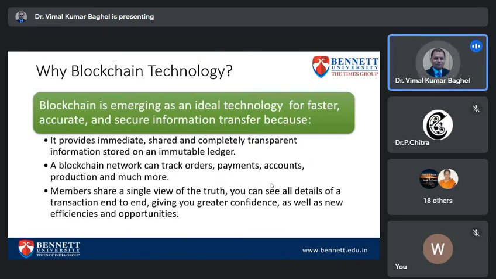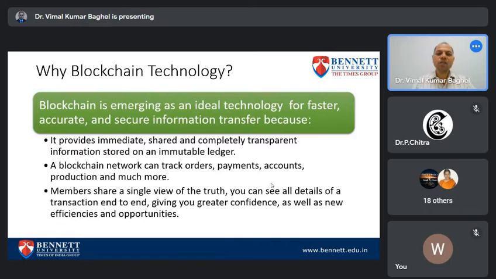Now let us understand why blockchain technology is important. Blockchain is emerging as an ideal technology for faster, accurate, and secure information transfer. Why? Because it provides immediate, shared, and completely transparent information stored on an immutable ledger.